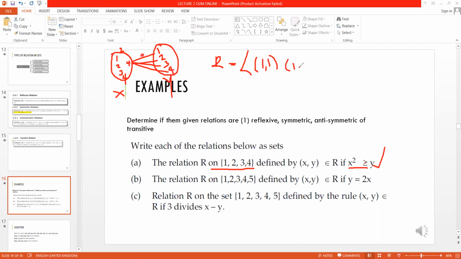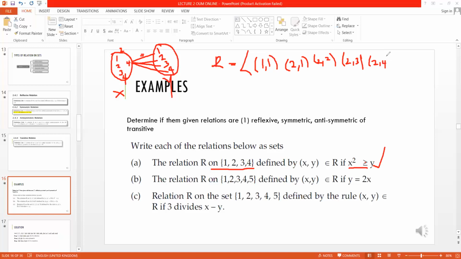So we have (2, 1), (2, 2), (2, 3), (2, 4).